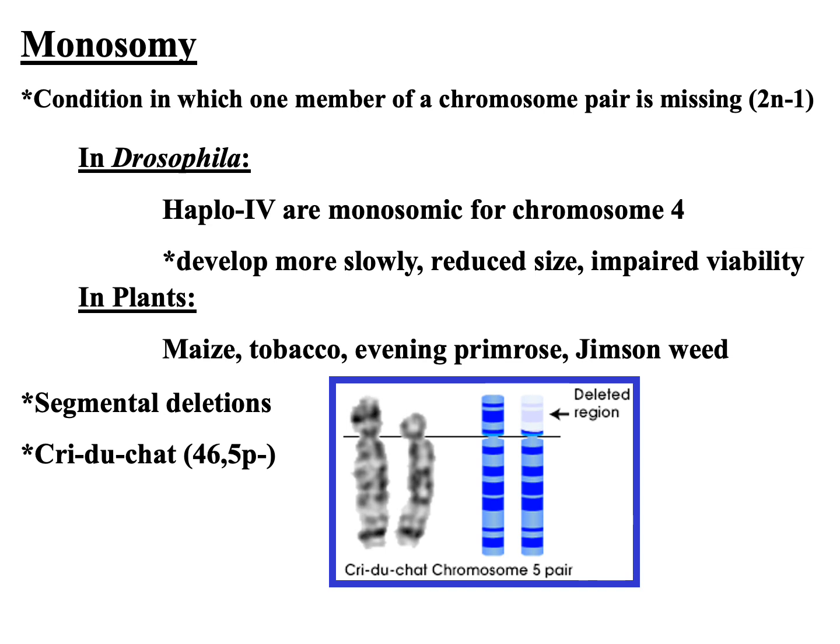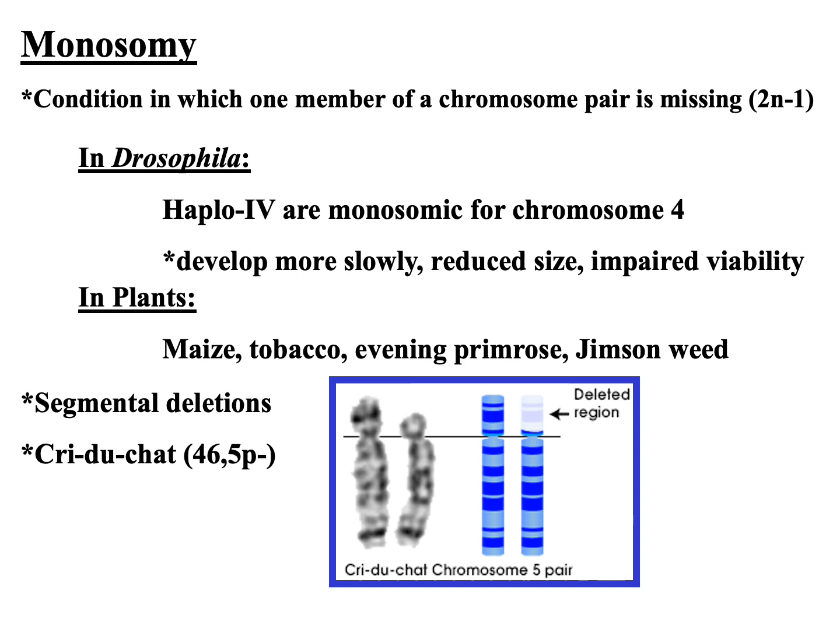They develop more slowly, they have reduced size, and impaired viability. It turns out that monosomy is much better tolerated in plants. For example, maize, which is corn, tobacco, evening primrose, and Jimson weed are all examples where monosomic situations have been described and very well tolerated.